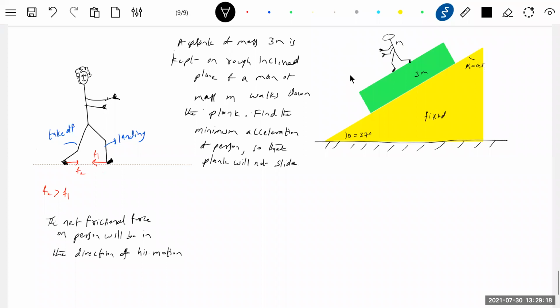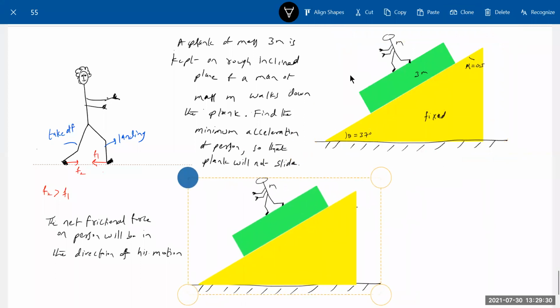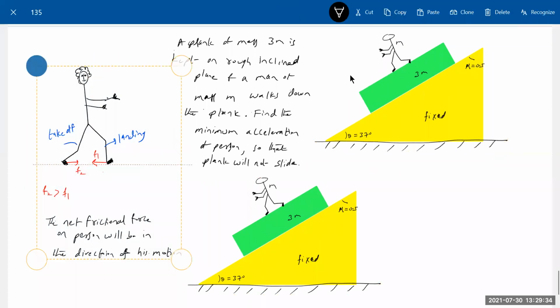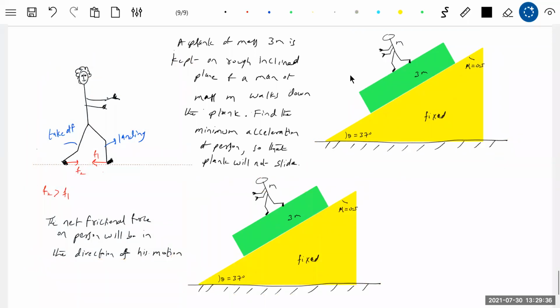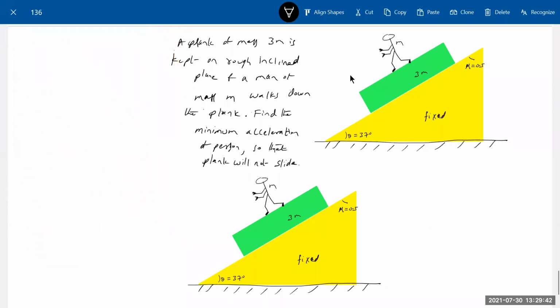The inclined plane will be fixed. Let's go for the forces acting. I'll show everything here only. It's a very small problem. Let's work out all the different forces that are acting.